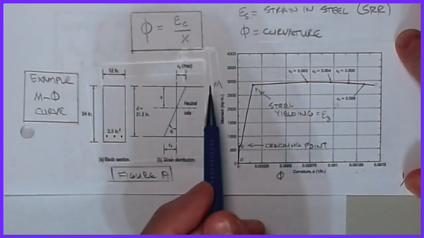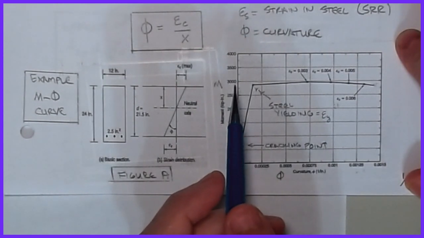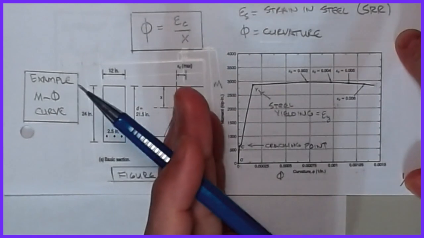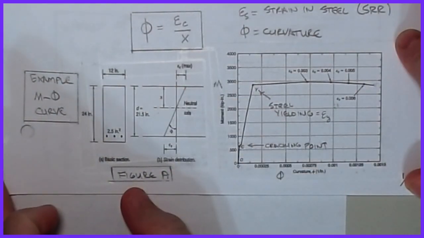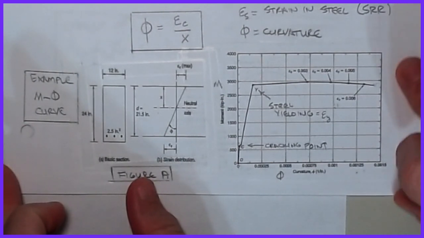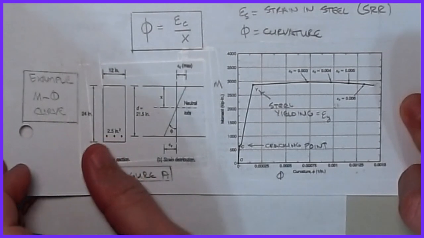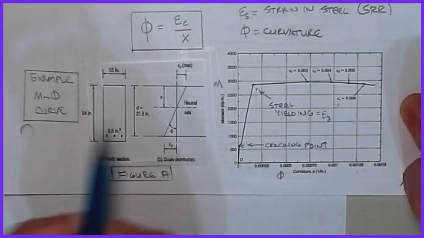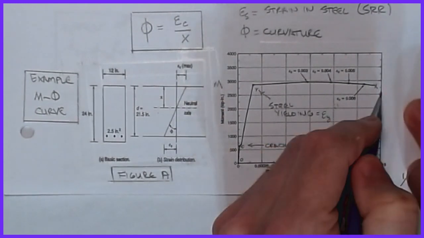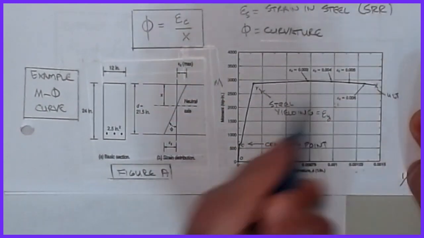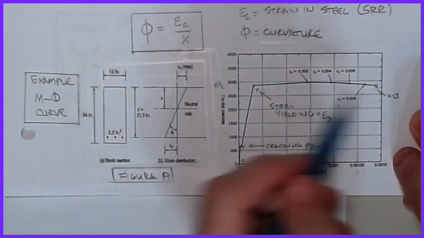It's very important in situations like seismic events and loadings, in which I want a structure that will deform so that it doesn't suddenly collapse, injuring people or rendering the structure completely useless. It affords us some time for people to get out and get to safety in an emergency. But these are the 3 points: the cracking point, the yield point, and whatever this ultimate over here ends up being. So we're going to study these three phenomena.